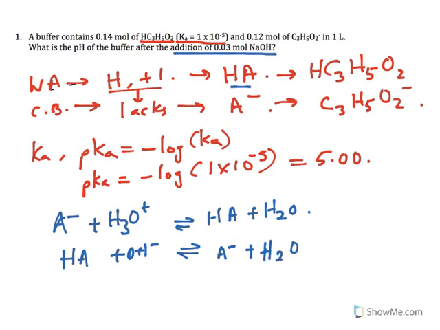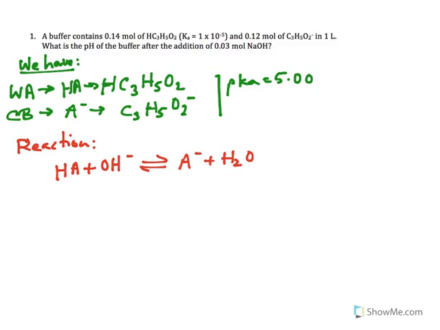So since we are adding base in this case, we're going to choose this equation. So far we know what our weak acid is, what our conjugate base is, and what the pKa is as well. We also figured out the reaction that we're going to use, which is HA plus OH minus giving A minus and H2O. Now, we move on to the ICE tables.